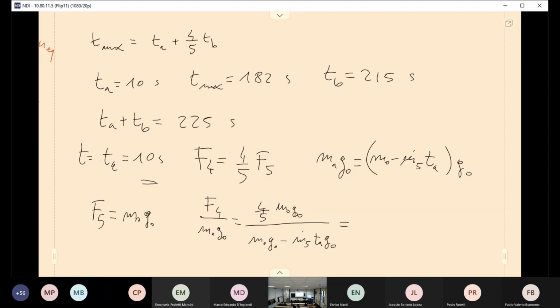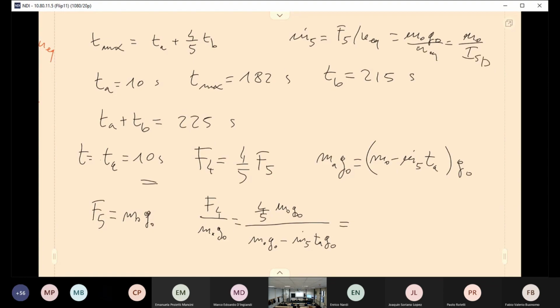M dot 5 again is F5 over ue, so it's again m0 g0 divided by ue, and so m0 over Isp.